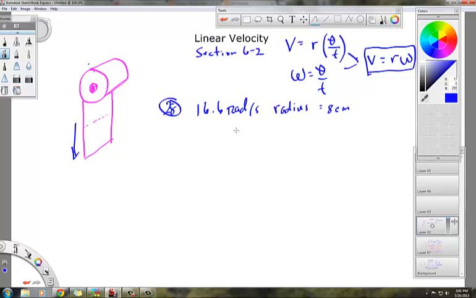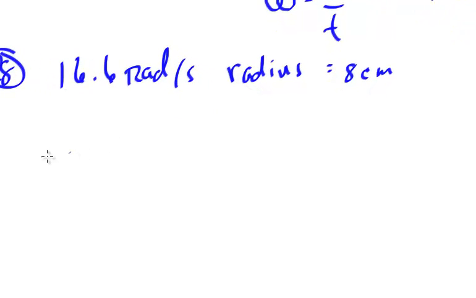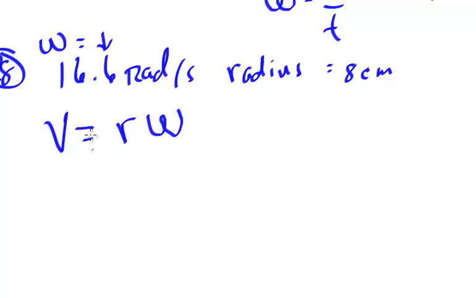And of course, to do that, if we just use this equation right here, this is kind of all set up for us. We just say velocity equals the radius times the angular velocity, which is omega right here. Okay, that's our angular velocity. So if we just multiply this, it'll give us our linear velocity.